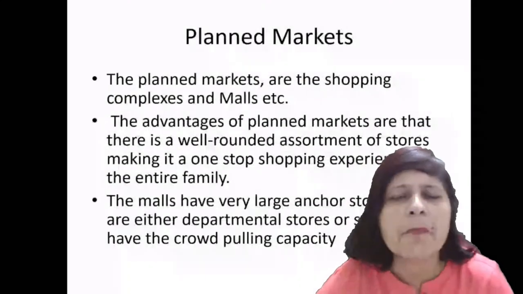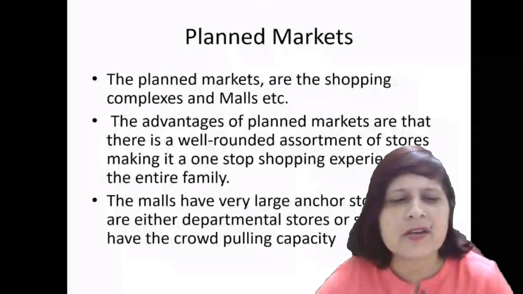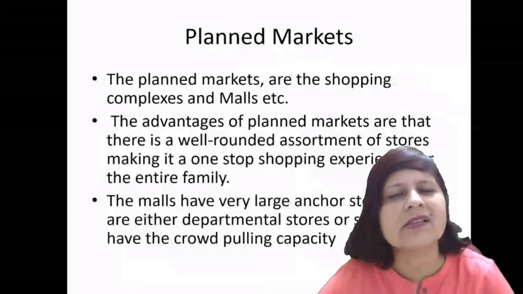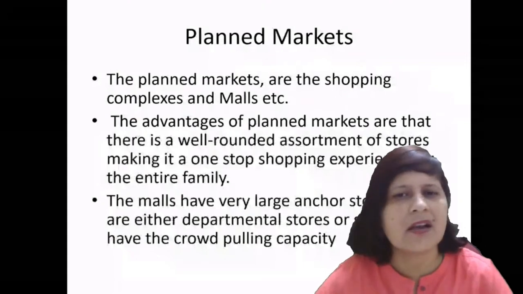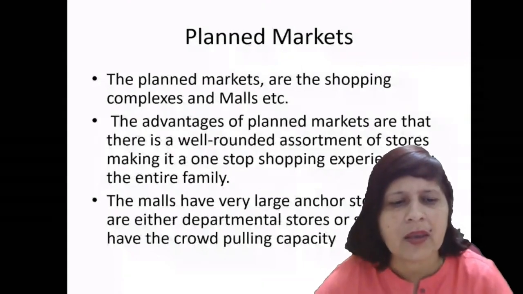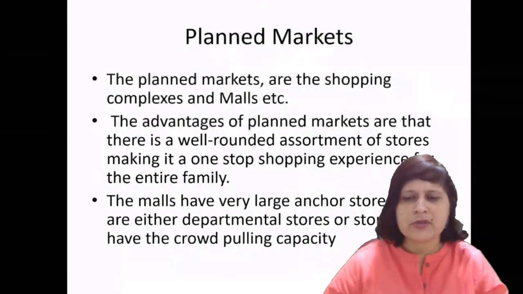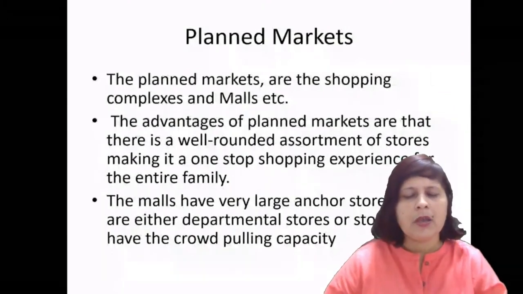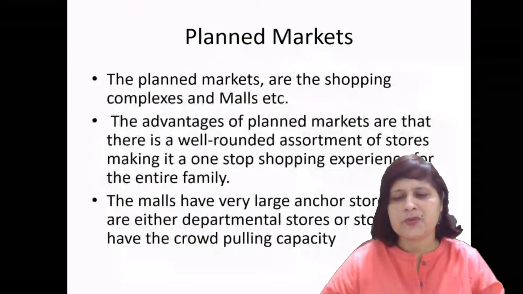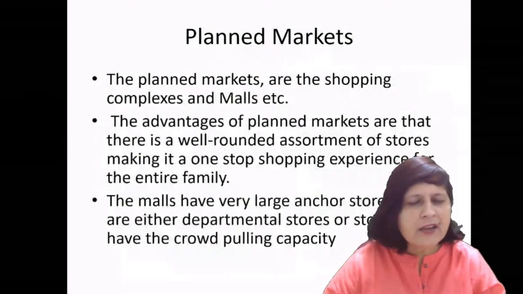And next is planned markets. The planned markets are the shopping complexes and the malls. These are the planned markets. The advantage of planned markets is a well-rounded assortment of stores, making it a one-stop shopping experience for the entire family.